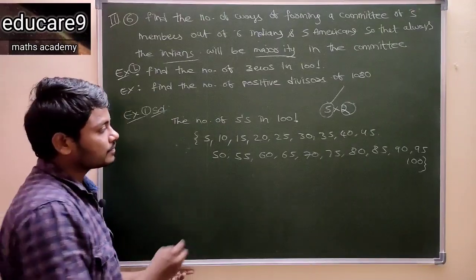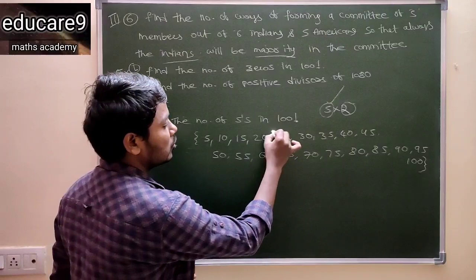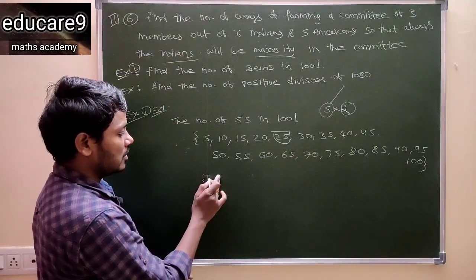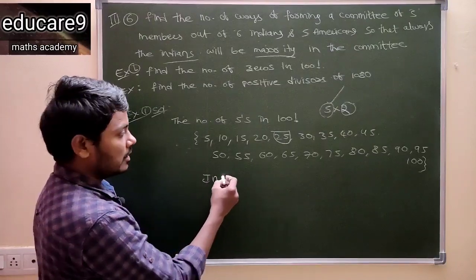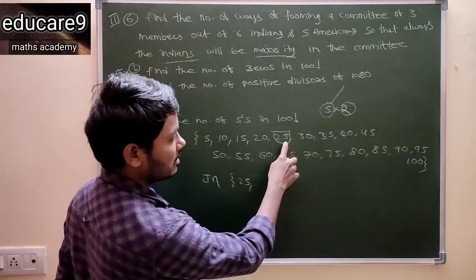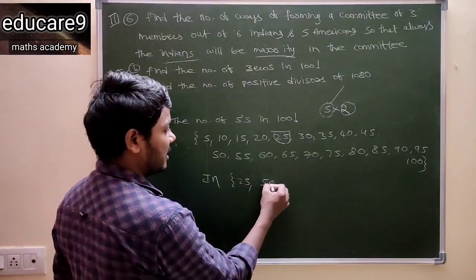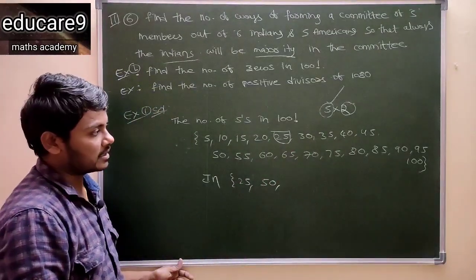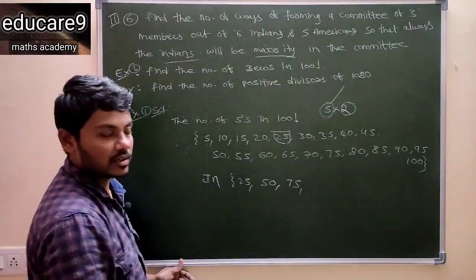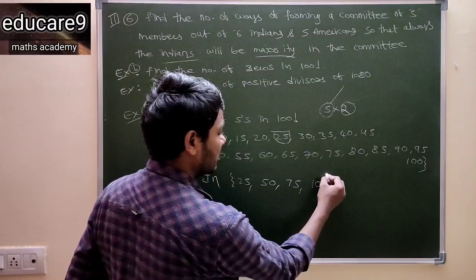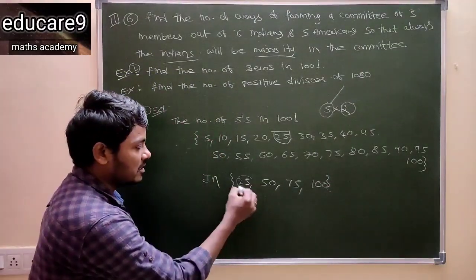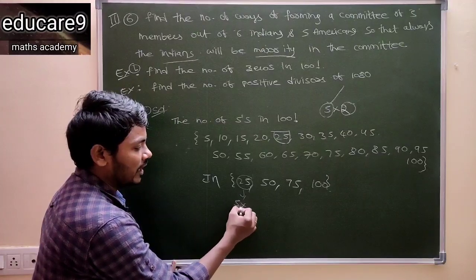But here, in the numbers 25, next 50, next 75, next 100, two 5's are there. See here, this is 5 into 5.